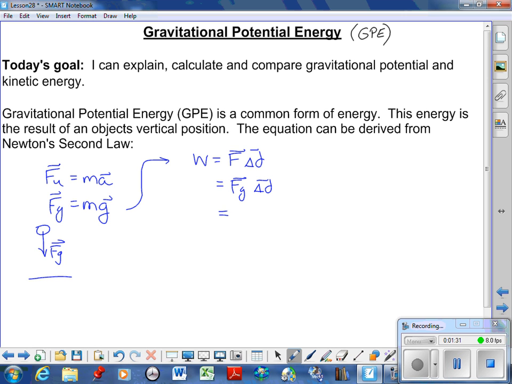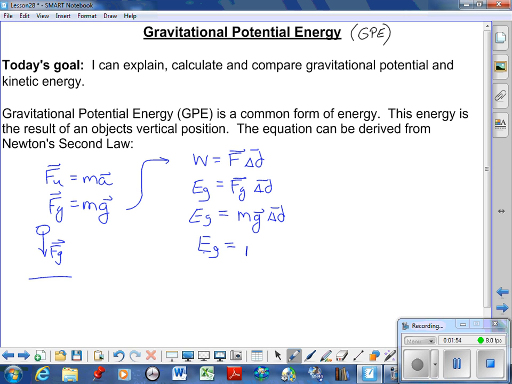Force due to gravity is mass times our g value, delta d. To match up with the textbook and common practice, we switch it to this form here. So it becomes gravitational potential energy. EG is the notation. It's all the same as work.